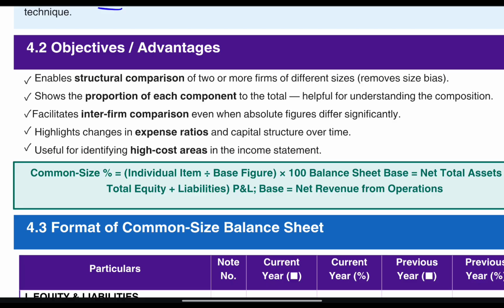It tells how much an amount is proportionate to the total, and it is helpful for understanding the composition. Third, it facilitates inter-firm comparison. Even when absolute figures differ significantly, we can compare them by percentages. Next, it highlights changes in expense ratio and capital structure over time. It is useful for identifying high cost areas in the income statement.